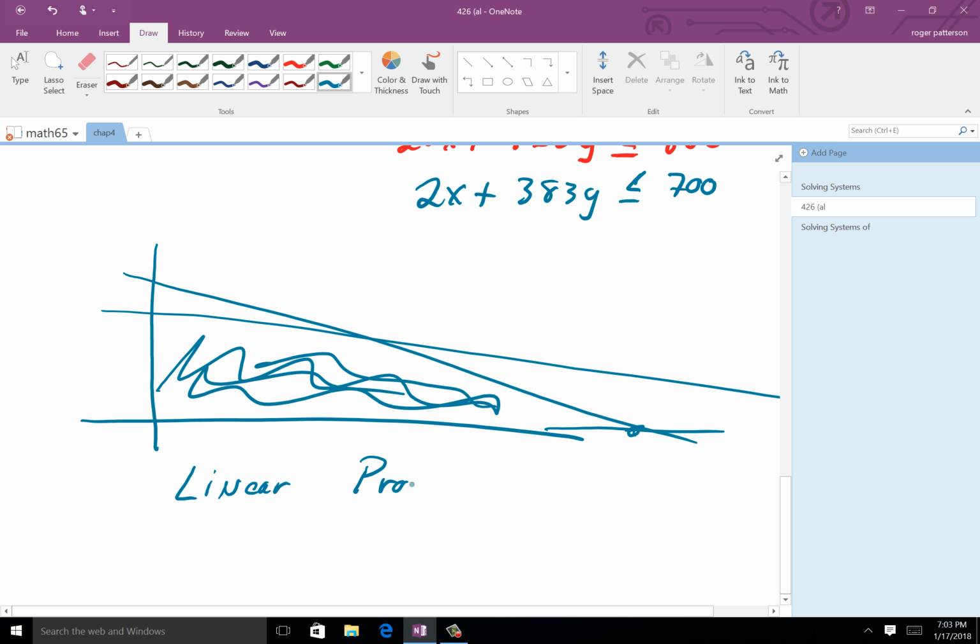And what it says is that you don't have to worry about anything except the corner points. The answers are always going to lie at these corner points. There's a mathematical principle called the corner point principle, and that's what it says. We only need the corner points. All the rest of those points are meaningless. They're not going to give me the answer. We only need the corner points.